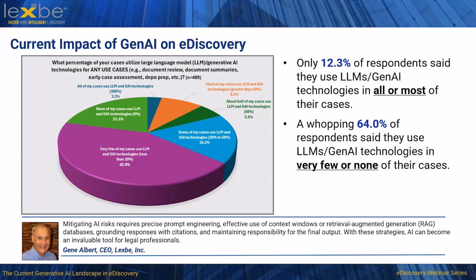Here, only 12.3% of respondents said they use LLMs or GenAI technologies in all or most of their cases, while a whopping 64% of respondents said they use LLMs, GenAI technologies, in very few or none of their cases. So we've got a ways to go before generative AI is widely adopted for use in actual cases that involve eDiscovery workflows. And honestly, that's not surprising.